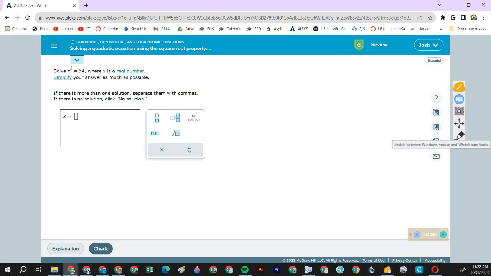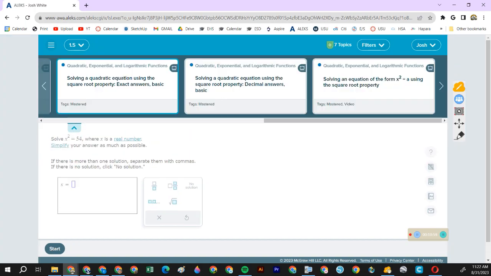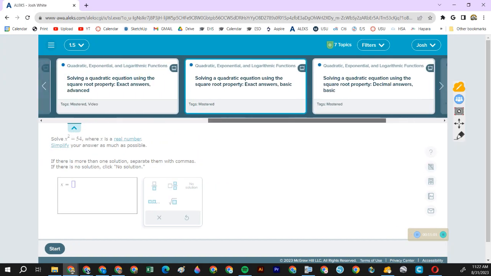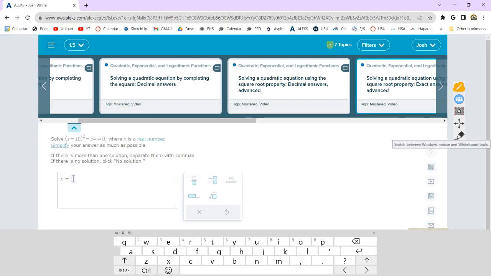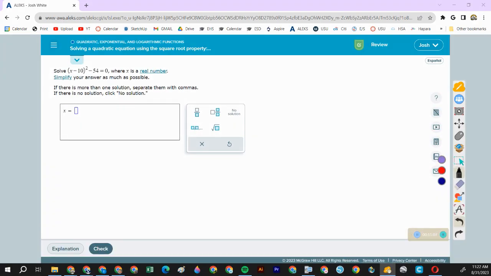Okay, same thing here, just square root both sides. That's the same type of problem. All right. Here, we add 54. X minus 10 squared equals 54. Square root.